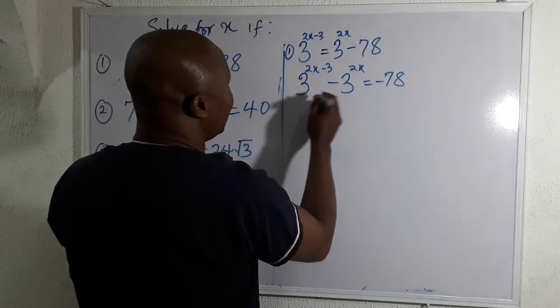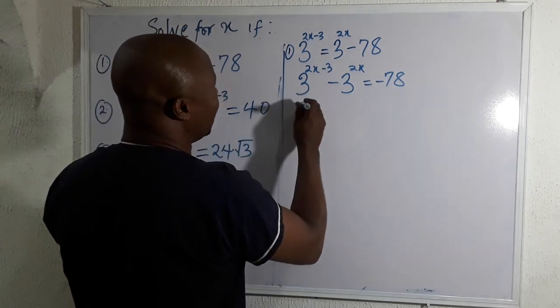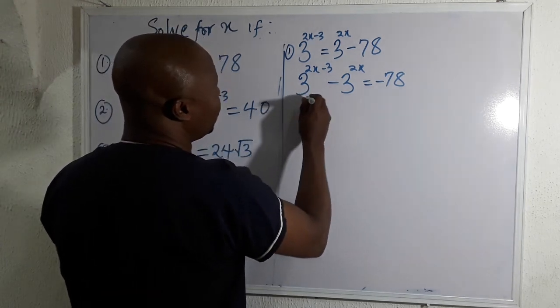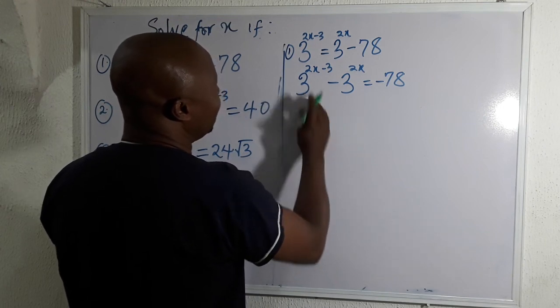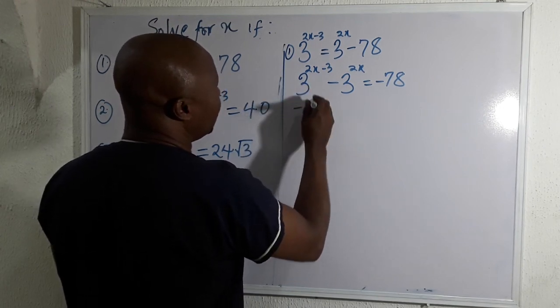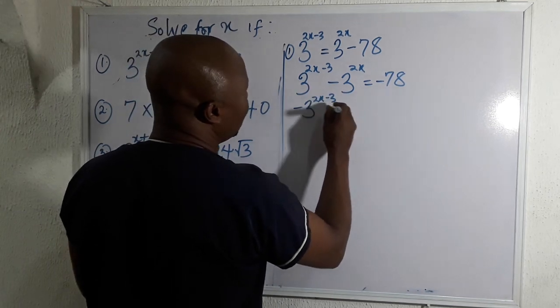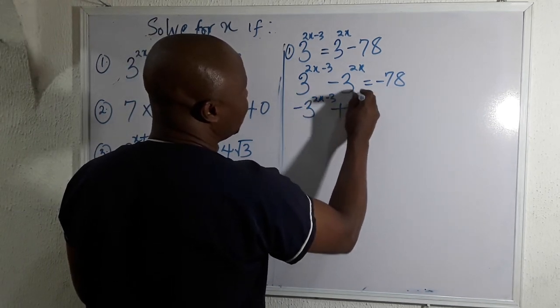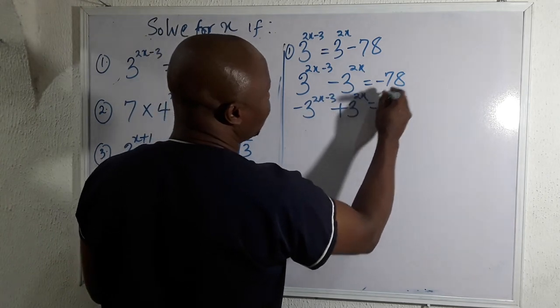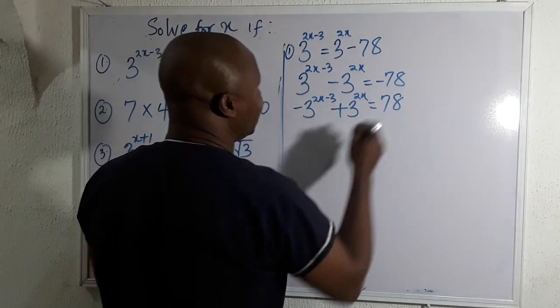This will become minus 3 raised to the power 2x minus 3, plus 3 raised to the power 2x is equal to, of course, 78.